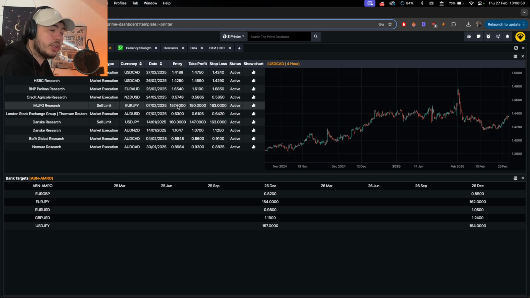It might be quite far from that level, or it might just not be very likely given the current market conditions that level will get hit. So, of course, it's not always the case, but again, here you can see 157.6, round number. 63, round number. 160, round number. And the same thing with the take profits, they're round numbers. Now again, you might get it slightly off here at 58.65, but generally looking at this, it is mainly round numbers. And the same thing for stop losses, all round numbers.